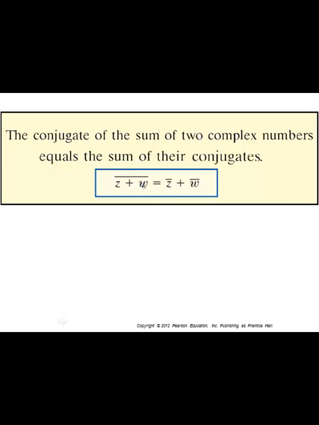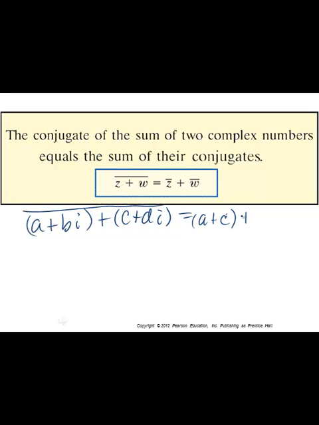Also, the conjugate of z plus w is the same as the sum of the individual conjugates. So the conjugate of the sum of two complex numbers is the sum of the conjugates. That should be easy to prove. a plus bi is one complex number, plus c plus di is another complex number, and we're taking the conjugate of that sum. Just add the real and imaginary parts: you have (a plus c) plus (b plus d)i.